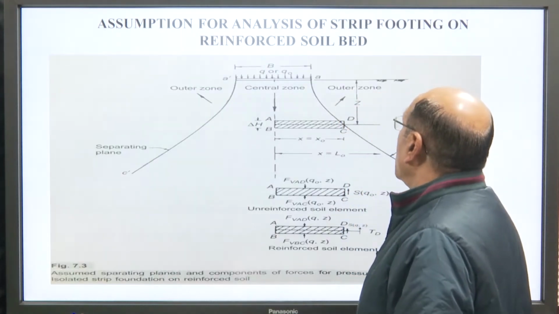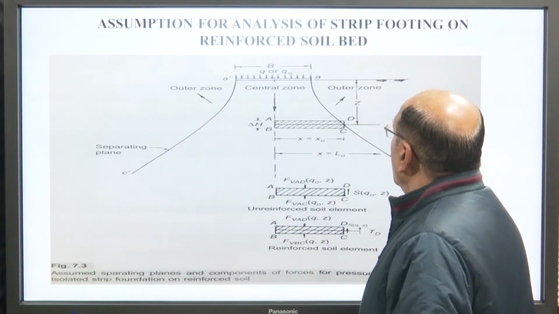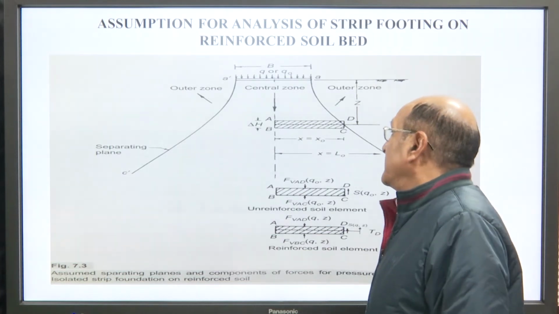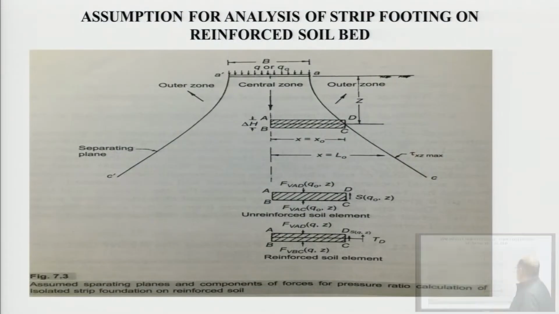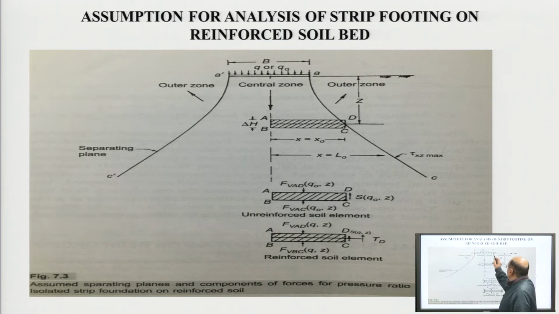Now, assumption for analysis of a strip footing on reinforced soil bed. See here, this is the central zone where the load will try to compress the earth inside the central zone.